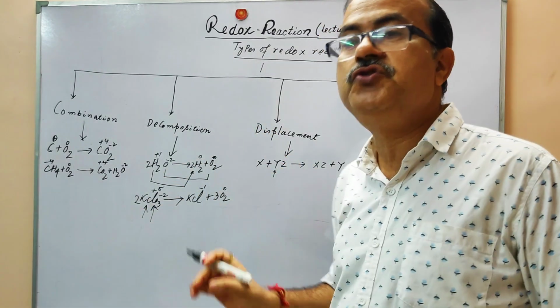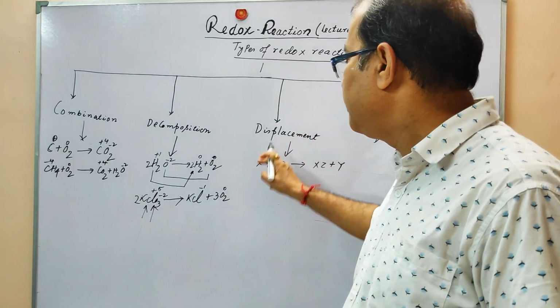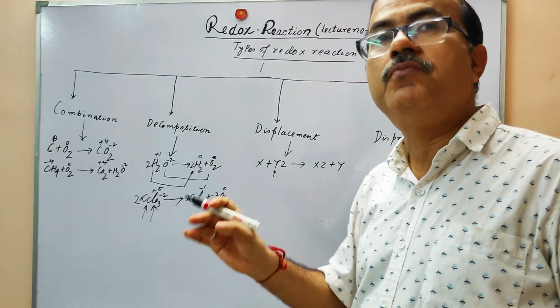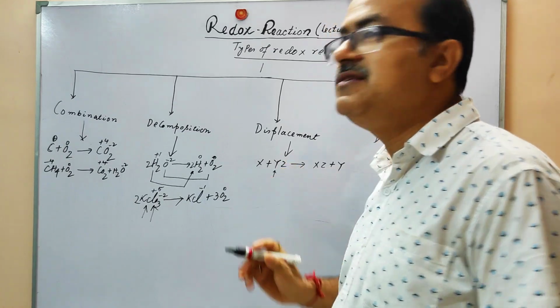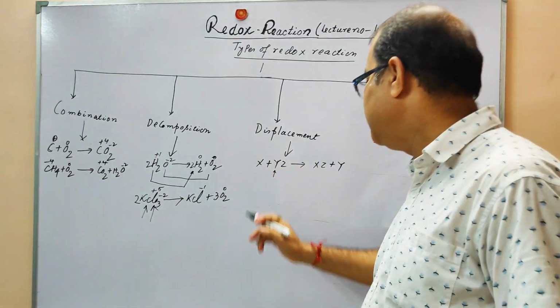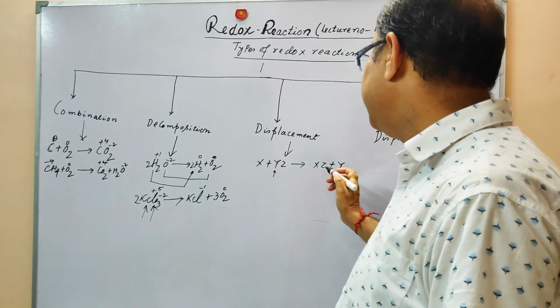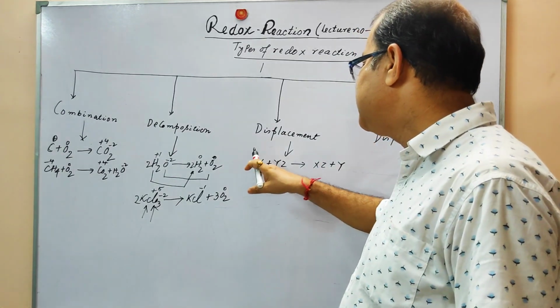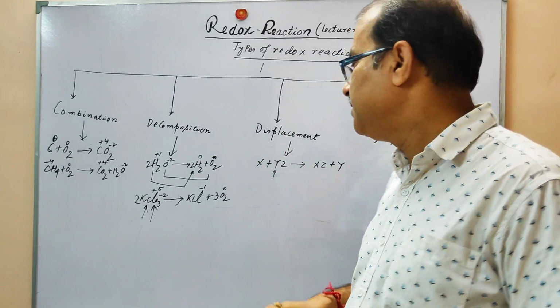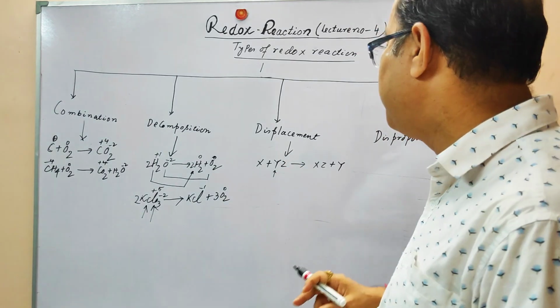The replacing agent may be atoms or ions. Here you can see Y is replaced by X. That is why it is a displacement. X is displacing Y in the YZ compound.